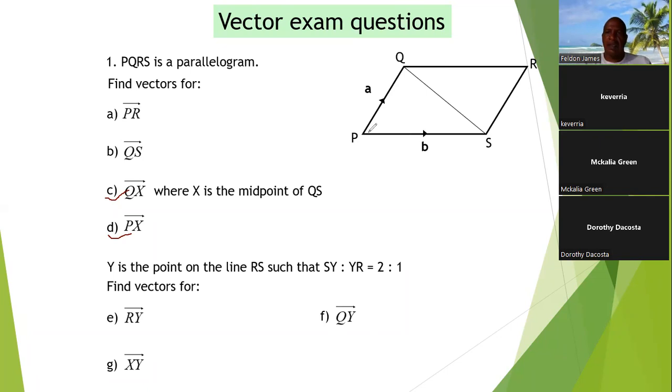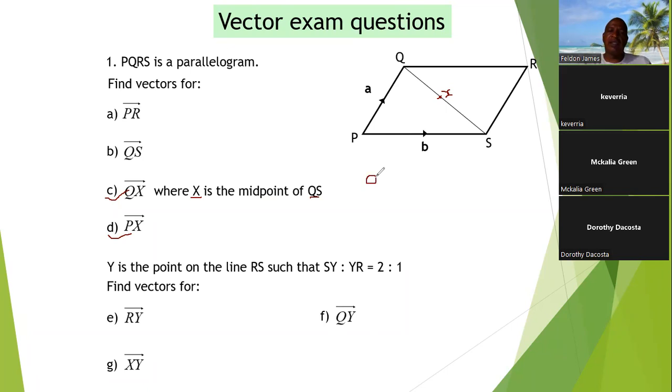All right. Let me help you through this one, guys, so that you see what is happening. So this is saying that you're to find QX, where X is the midpoint of QS. If X is the midpoint of QS, that means halfway between Q and S, in the middle there, you would have X. Now, what do we know?